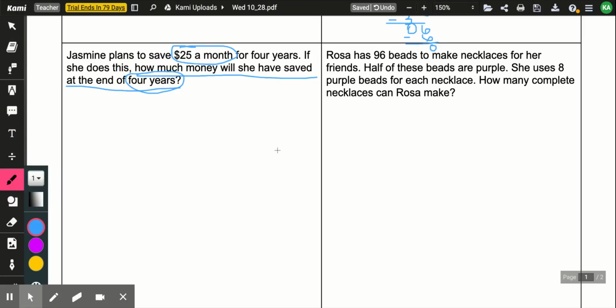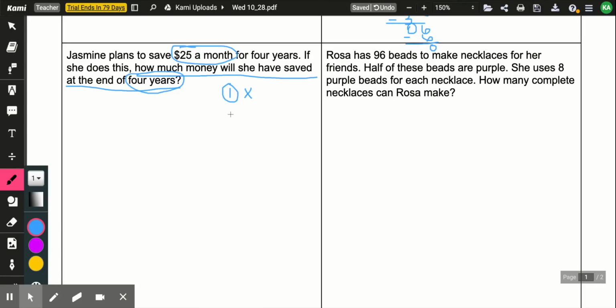This is going to have a couple steps. What do you think our first step is? Our first step is to figure out how many months are there in 4 years. 1 year has 12 months, so we have to do 12 times 4 as our first step.